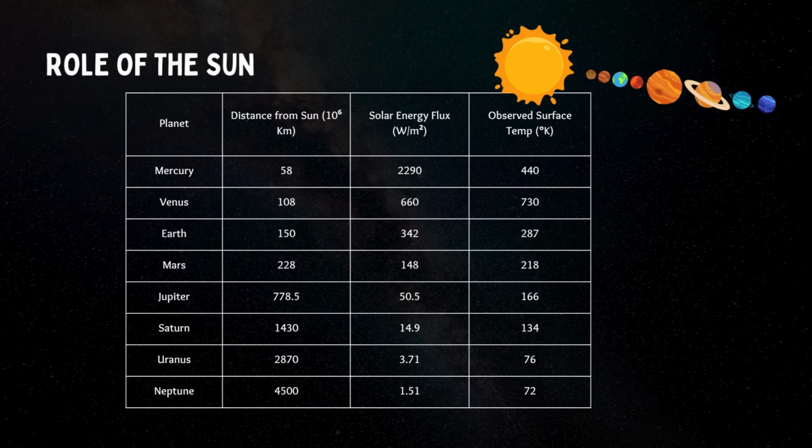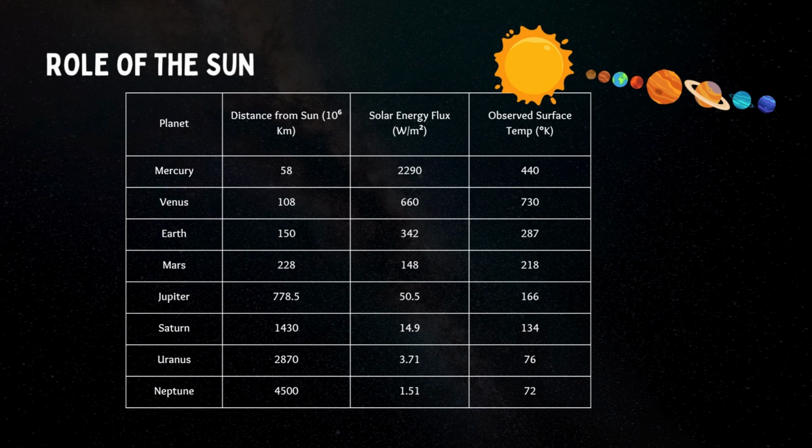So, we start off with our 8 planets listed there, and then you have the distance from the sun, which is, note, in units of 10 to the 6 kilometers. 10 to the 6 is what? Million, right. What I also have is the amount of solar energy flux that each of these objects is receiving.